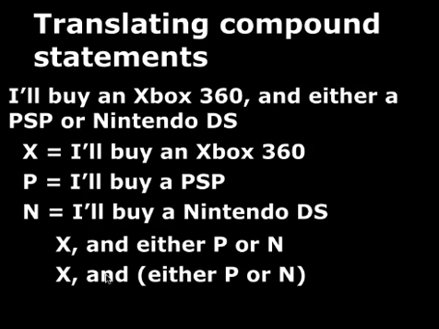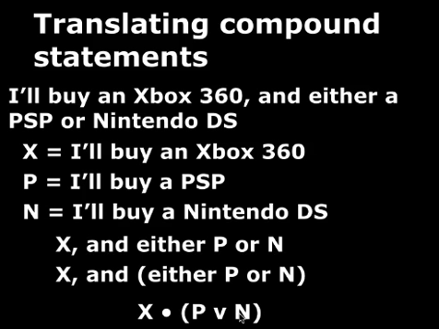This is saying X and this is the second conjunct. Well, the second conjunct is itself a compound statement. It's a disjunction. Now when I translate this one step more, this and is going to be a dot. This either or is going to be P wedge N, and I'll get this: X and P or N.